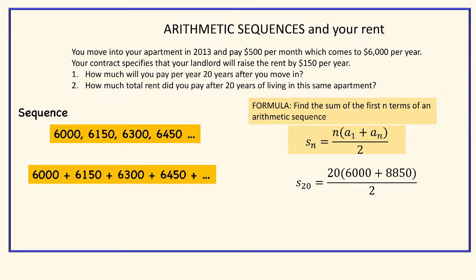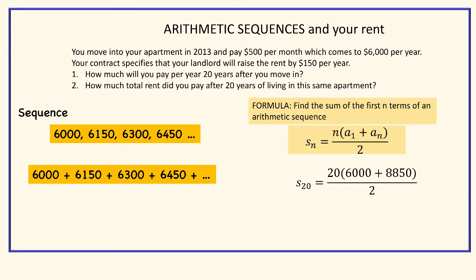Let's fill in some numbers. The sum after 20 years, so how much am I going to pay in rent after 20 years? Well, I'm going to take 20 times where I started, $6,000 per year, plus how much I was paying in my 20th year, which fortunately we just calculated, $8,850. And I'm going to divide that whole thing by 2.